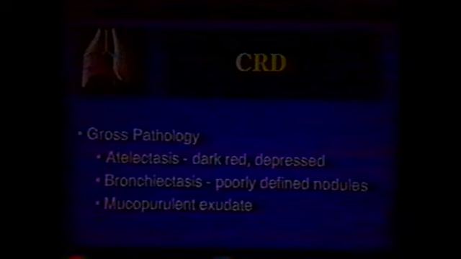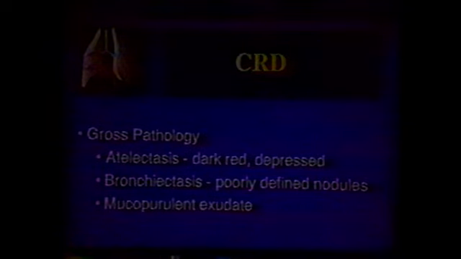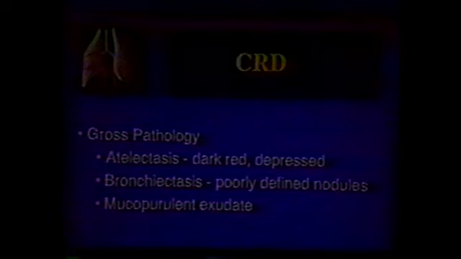The bronchiectatic areas, as you'll see in the picture in a minute, look like poorly defined nodules rather than well-defined abscesses. It's a subtle distinction, but with time and experience, you can be confident about it, right? And then the inflammatory response is mucopurulent. Again, we're going to contrast that to the strep infection, which tends to be necrotizing and fibrinopurulent, okay?